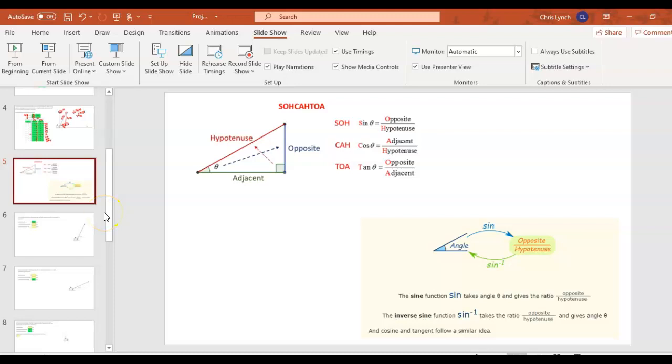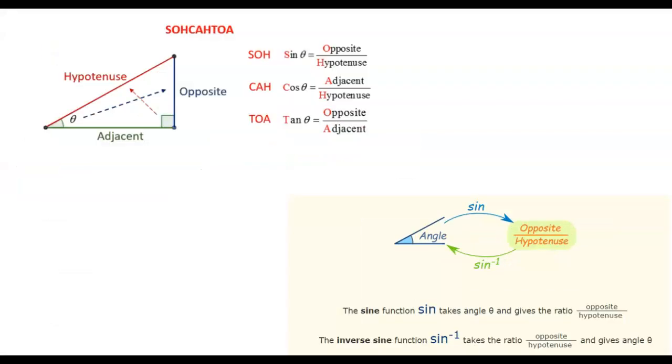Hi class. So today we're going to continue with projectile motion, and when we left off last time we were working with velocities where they gave us in the problem the horizontal and vertical components of the velocity.